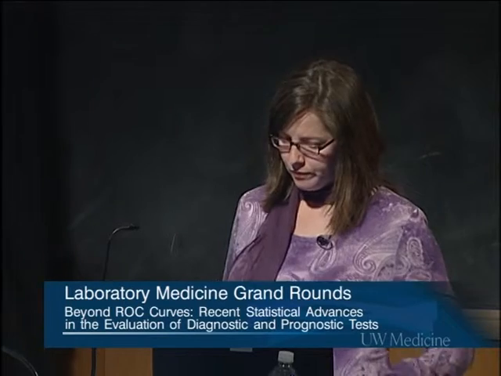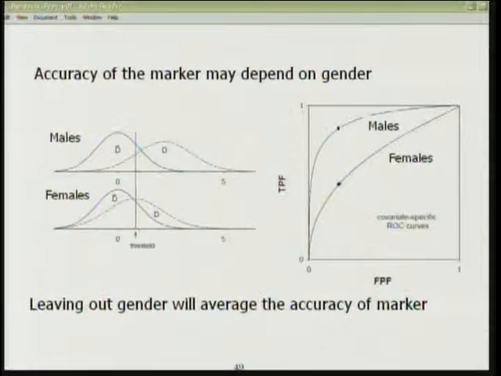Here's reason 2. Now, in fact, we don't have distributions that look identical but slightly shifted. We have distributions that distinguish disease from non-diseased in different ways based on the covariate. So for males here, the diseased are quite a bit above the non-diseased for the marker, but for females, the distinction is not as great.